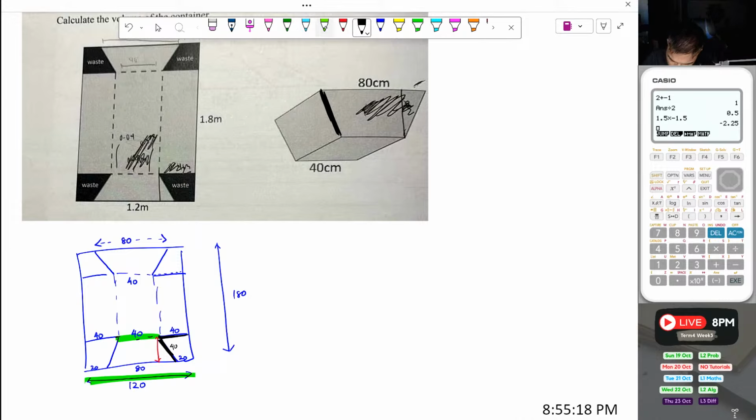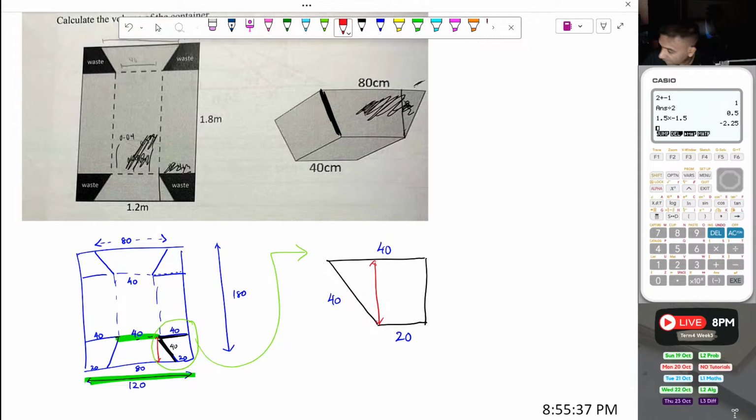Because that's 40, I'm going to take this part and blow it up so you can see it a little better. So you have something like this, where this is 20, this is 40, this is 40, and I want to figure out what the red line is.